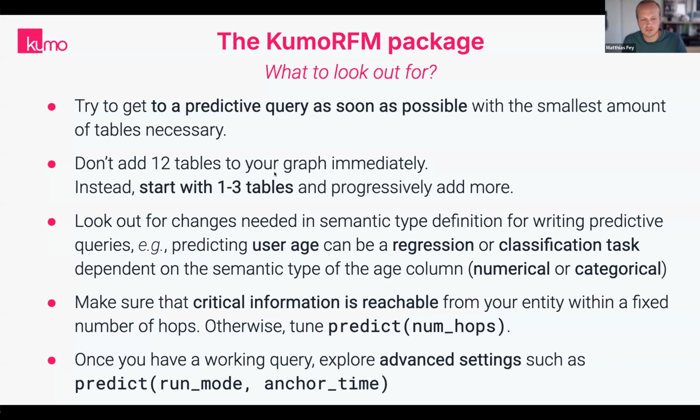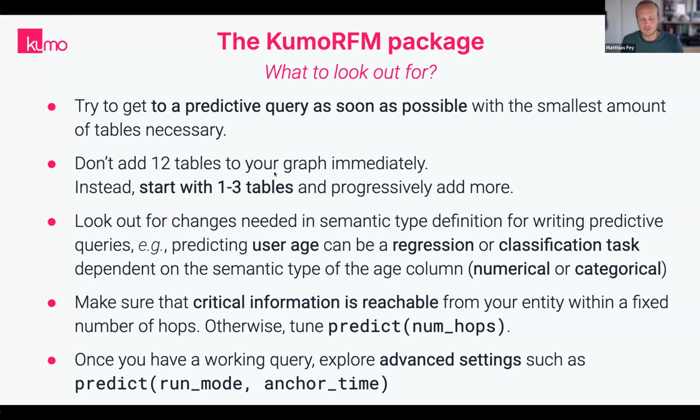Usually 1 to 3 tables, the most important tables, are the most important ones to get going, and do not lose time on all the others. And then the semantic type definition of columns is pretty crucial in order to let predictive query identify the correct task.